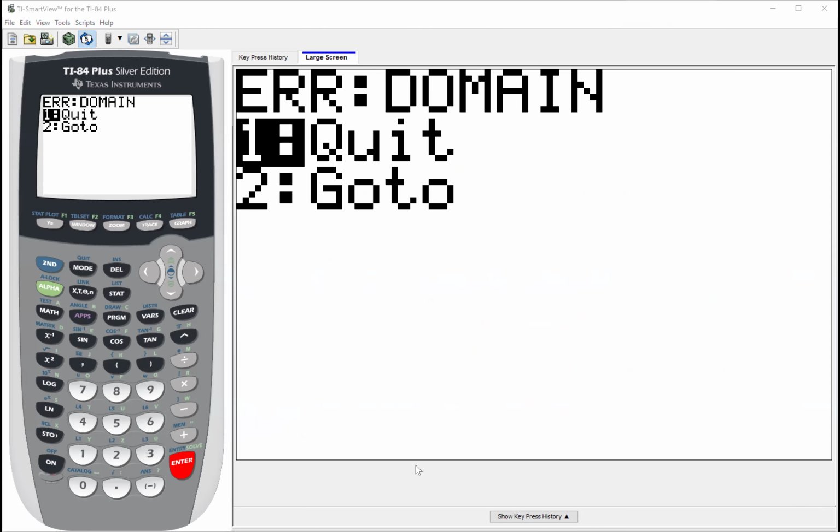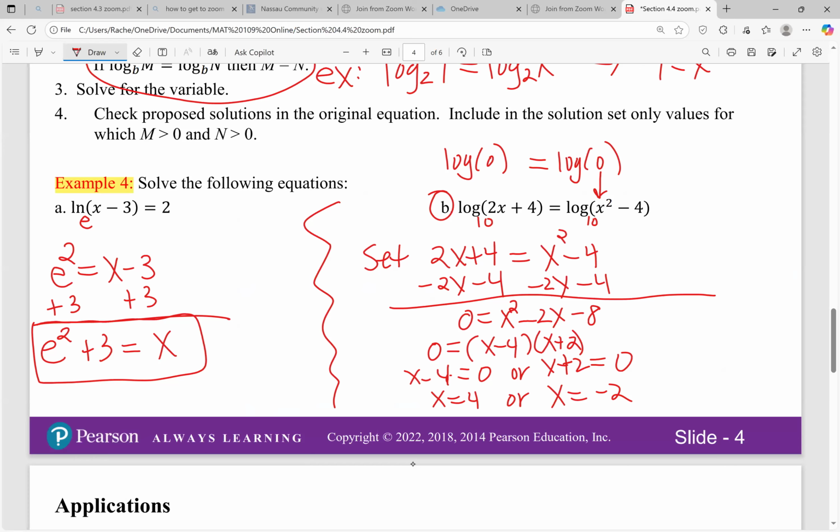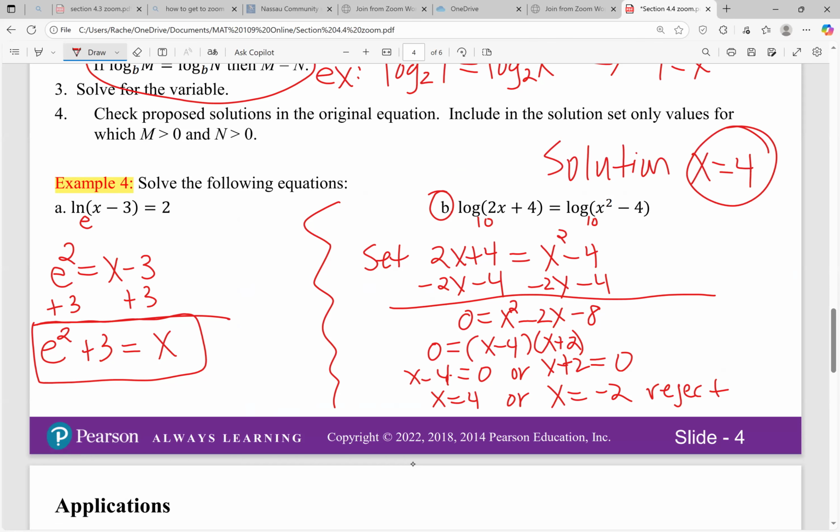So we have to reject the -2. It doesn't make any sense. So my solution is x is equal to 4. I can't stress enough how important it is to check your answers.